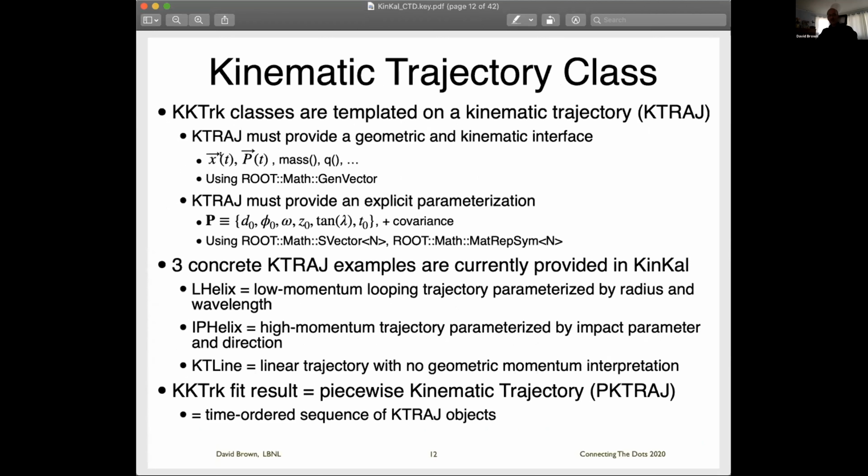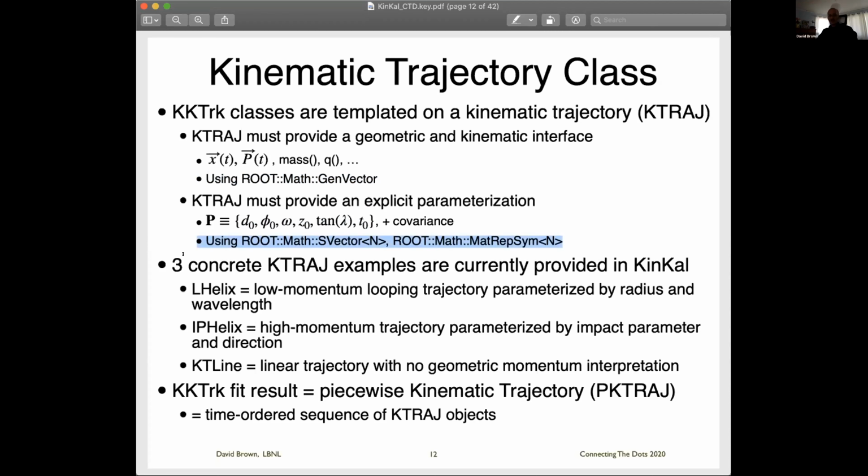So that has to provide this full geometric and kinematic interface, so the position and the momentum as a function of time, etc. It also has to provide an explicit parameterization. These are 6-parameter tracks, and we're using the ROOT methods for describing space vectors and algebraic vectors.